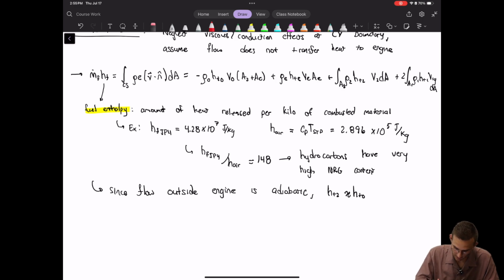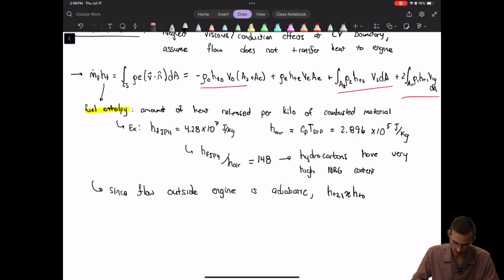Meaning this part and these two integrals are all going to fall out. Not just HT2 but also HT1 is equal to HT naught.